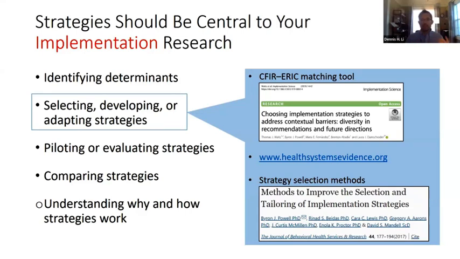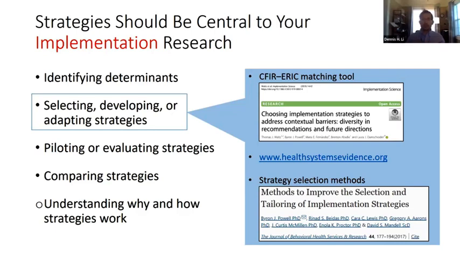The second resource, healthsystemsevidence.org, is a database of research on the empirical evidence behind different systems level strategies. So if you wanted to see if a certain strategy has been tested or used in a setting that's similar to yours, or on a clinical intervention that's similar to yours, it's a good place to go.